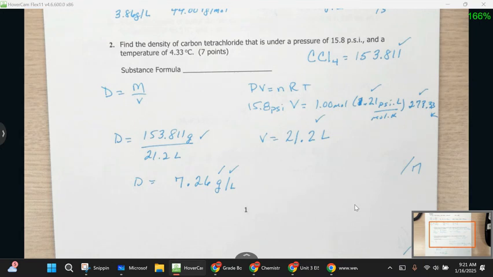We put in our pressure. We put in 1 for the mole, 1.21 for the PSI, and in Kelvin that comes out to 277.33 Kelvin for the temperature. We solve for V, we get 21.2 liters. We take the mass of 153.811 divided by 21.2, 7.26 grams per liter. Questions?